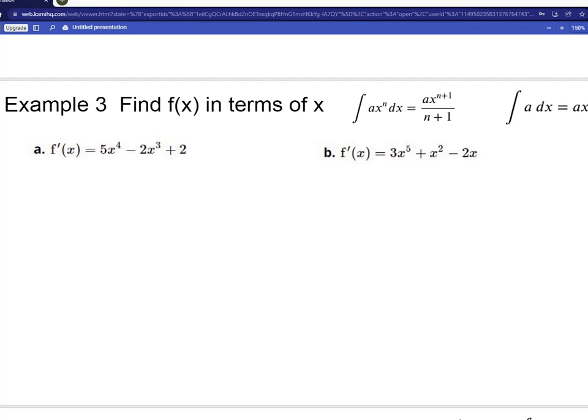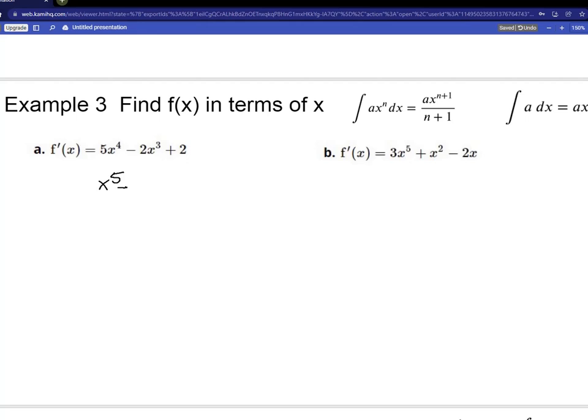All right, so for a, I got x to the power 5, and for the next one minus 2/3 x to the power of 3 plus c.